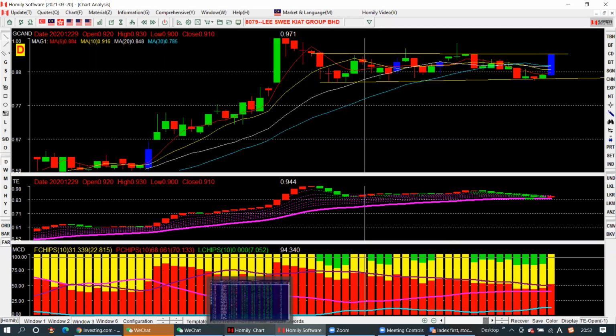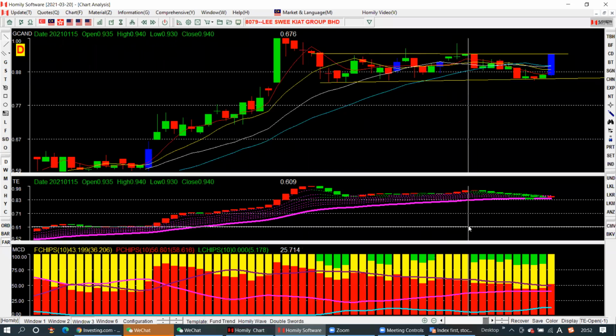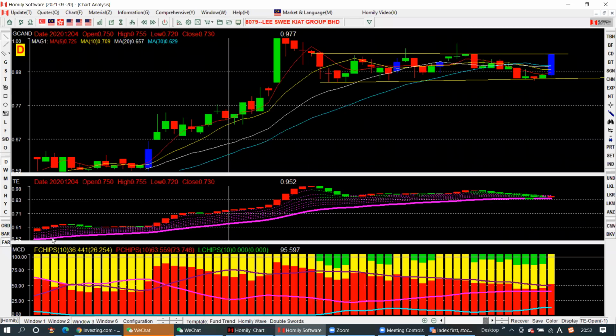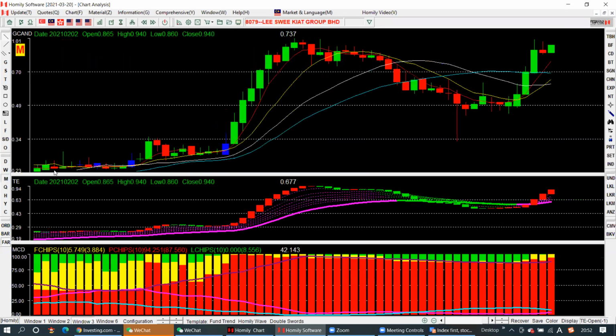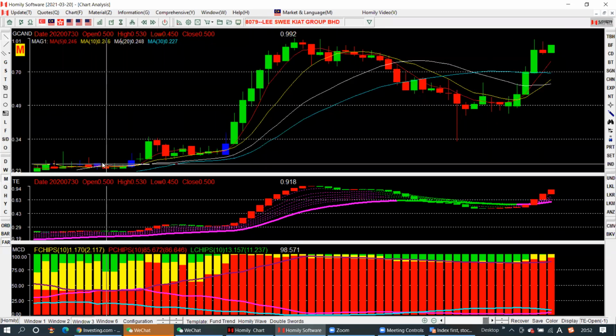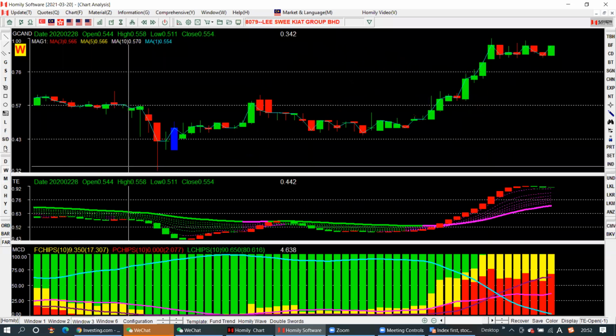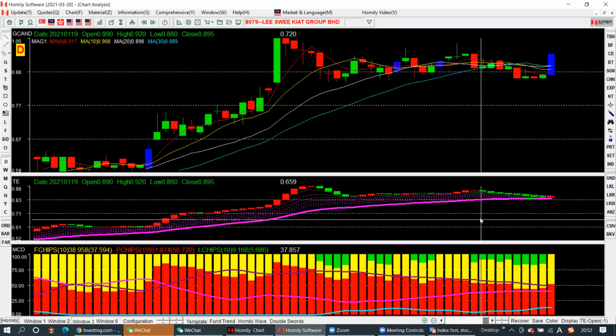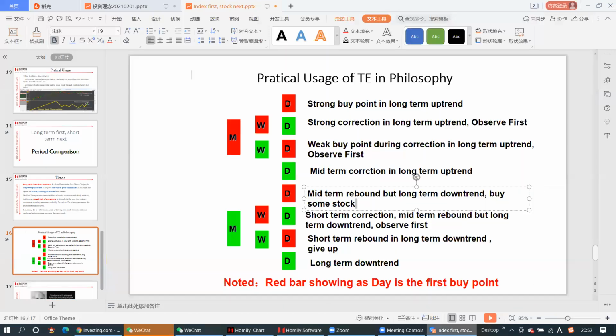So we come to see the next one. Just now we applied it again: month is red color, week is green color, and the day is still in the red color. So this share is a weekly buy point during a correction in the long-term uptrend.